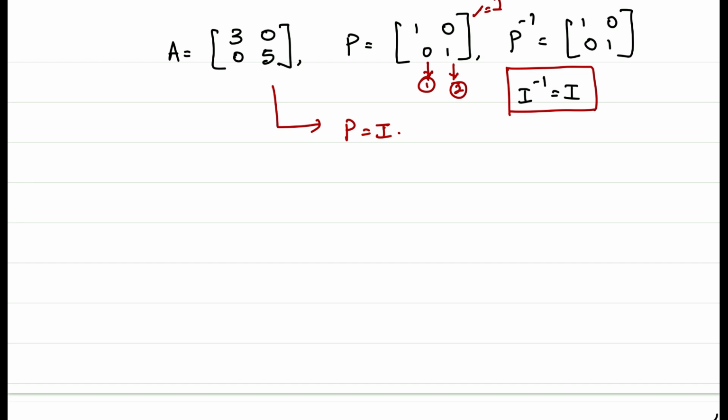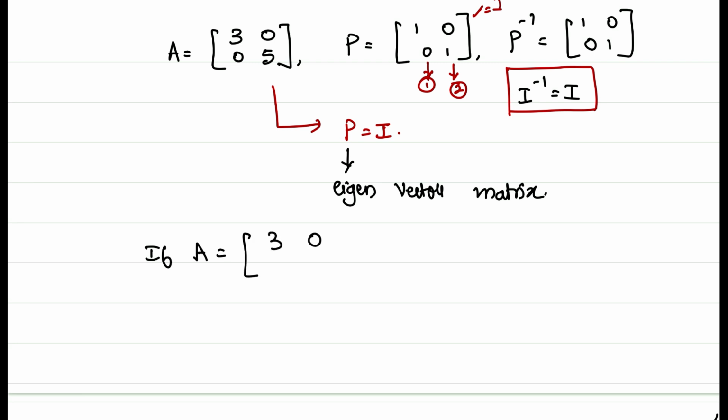This is the eigenvectors matrix. If A is equal to [3 0; 0 5], it implies P is equal to I is equal to [1 0; 0 1]. Take this as homework and prove.